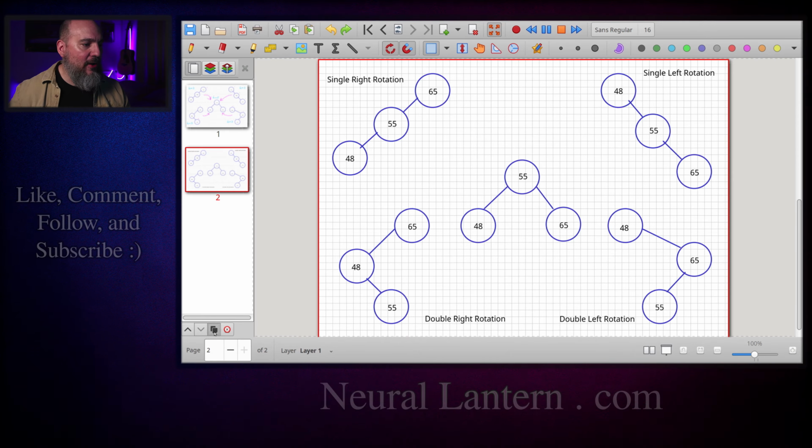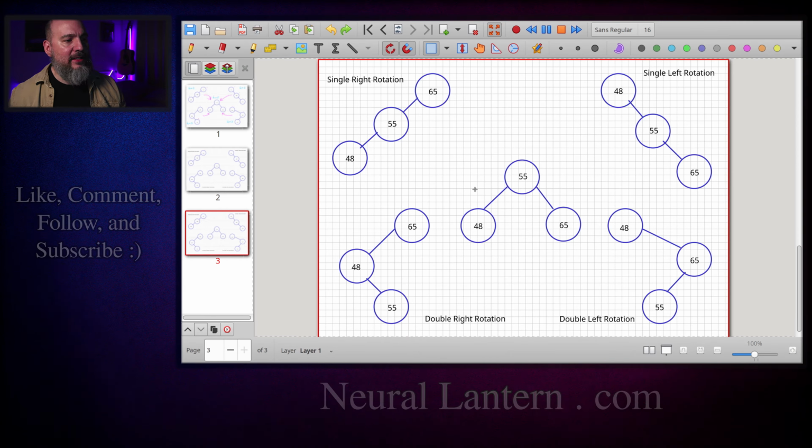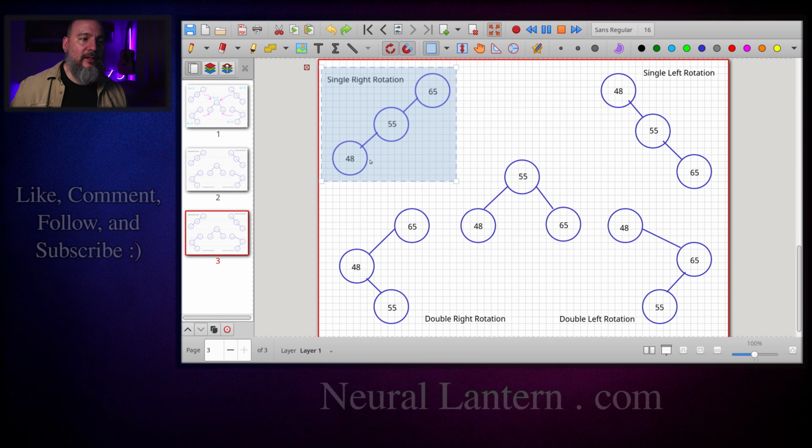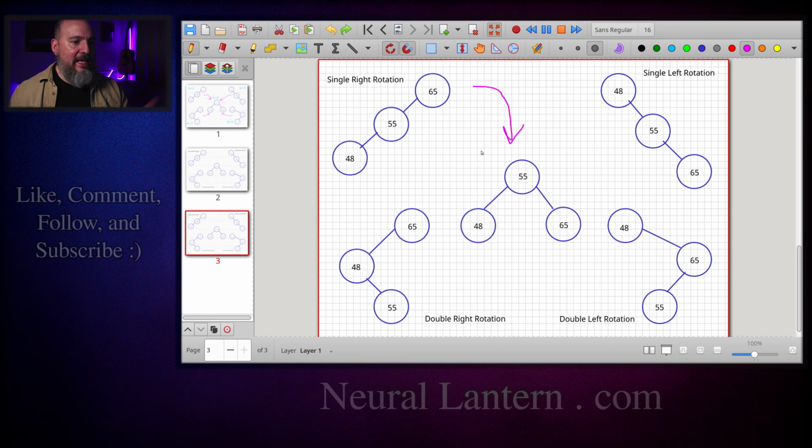So how do we know that the top pattern is a single right rotation and not a double right rotation, or a single left rotation? The first thing to try to understand is what's going to happen between the input pattern and the output pattern. If you look at the input pattern here, we've got a straight line, and the output pattern is like a perfectly balanced trinode subtree.